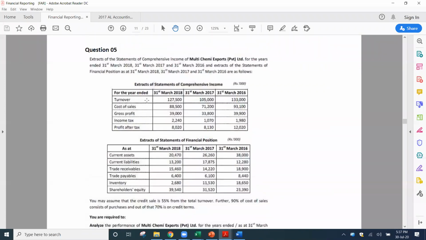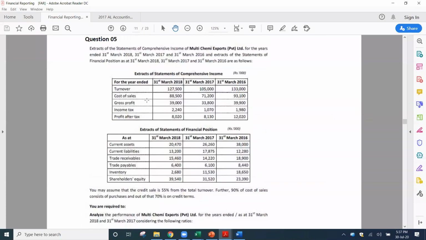Question number 5 from the tube which I sent. Extracts of the Statement of Comprehensive Income of Multichemi Exporters Private Limited for the years ended 31st March 2018, 2017, and 2016. Extracts of the Statement of Financial Position are as follows.